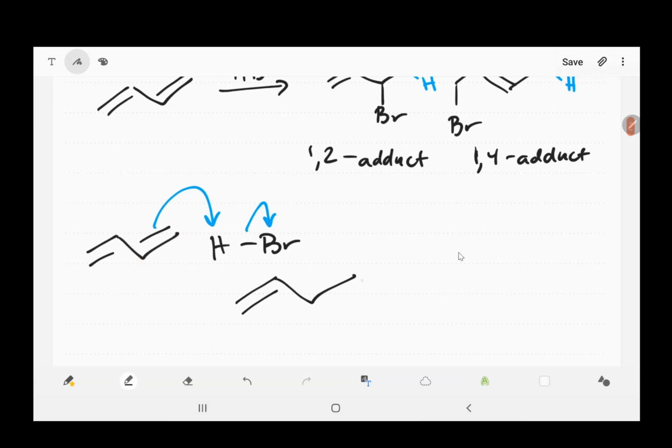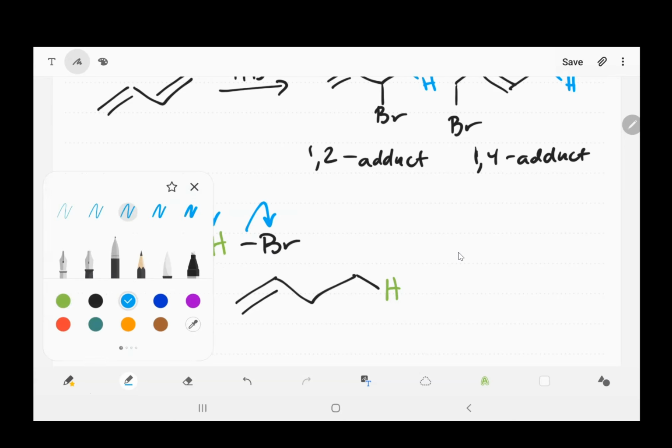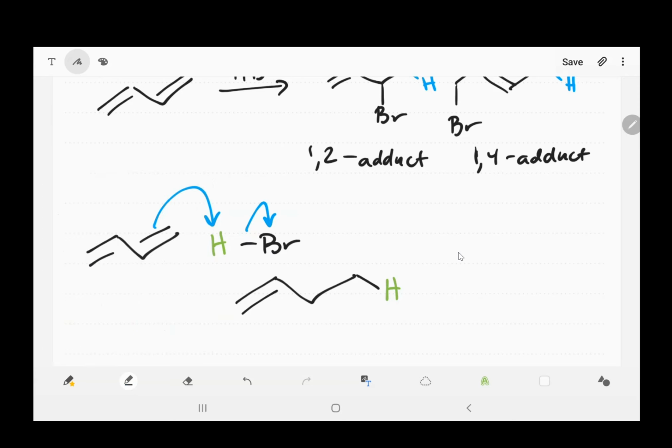I'm going to draw that hydrogen in green, because why not? We'll keep it special. That hydrogen that we just added on from the HBr will leave us with a carbocation at this position, right? So this was carbon 1, carbon 2.